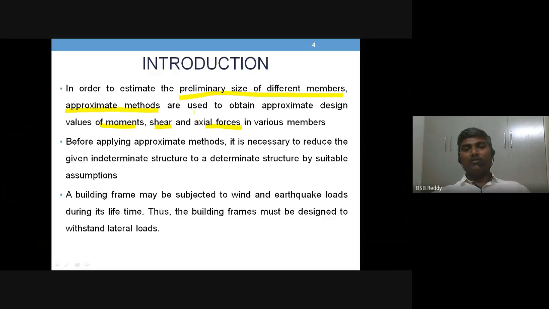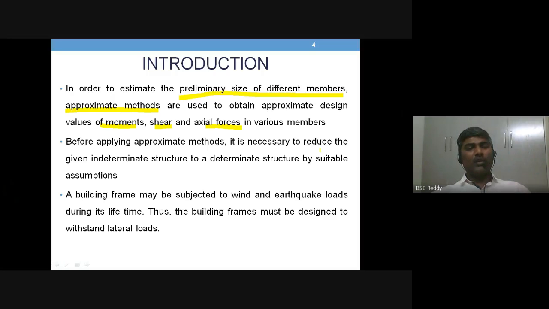So why do we want the approximate method to be discussed? Why not the exact method? When you really want to execute a structure, we need the exact analysis. But there are two things here.